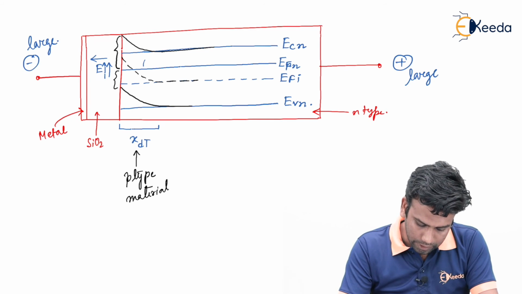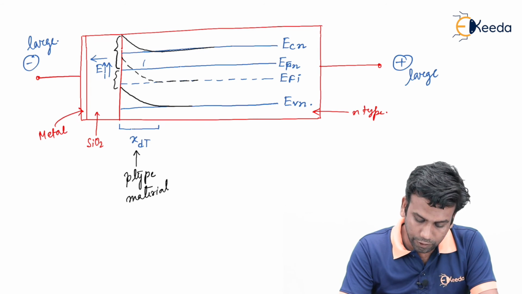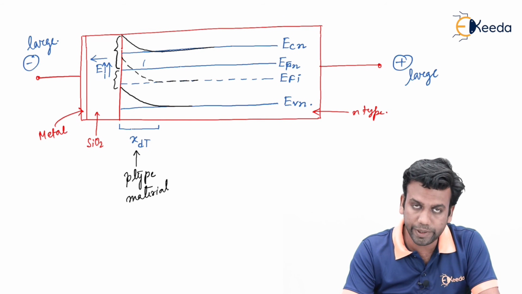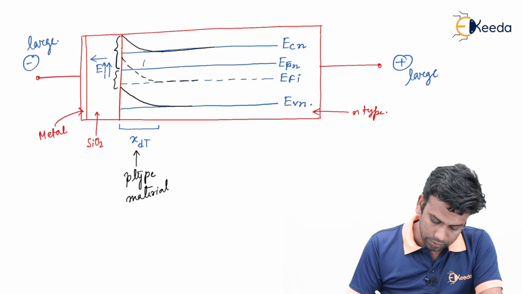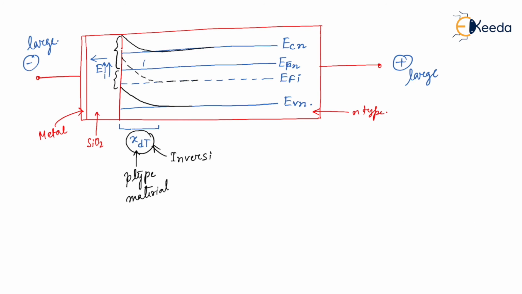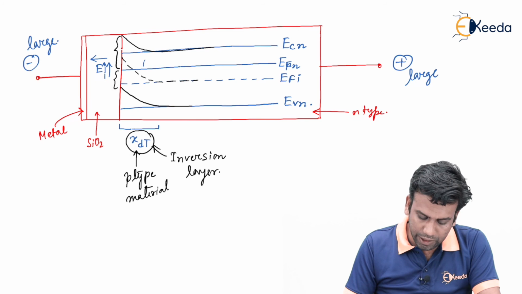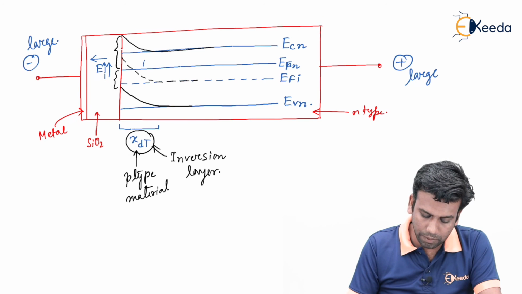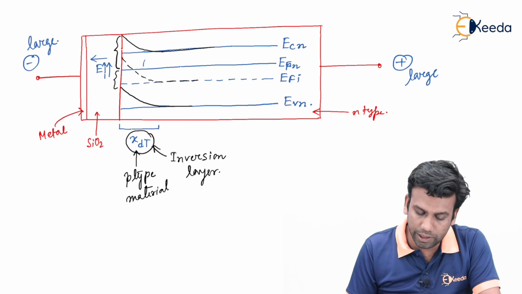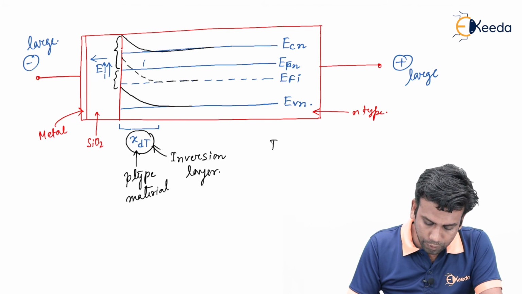That means the region near the interface for a large applied voltage has been converted from n-type to p-type material. That's why this layer of depletion charges is called the inversion layer, and the width of the inversion layer is maximum, with the value XDT, and this mode of operation is called the inversion mode.